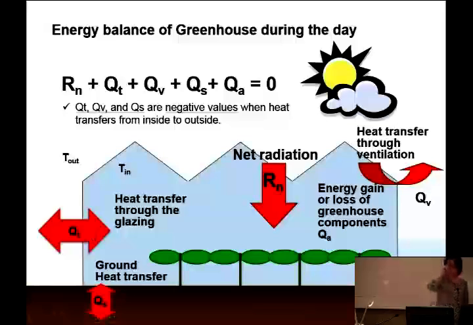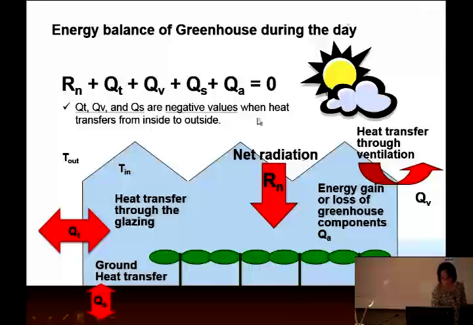So the convection and conduction, like sensible heat, goes through the wall and out, or comes into the greenhouse when the greenhouse is cooler. It totally depends on the temperature, whether outside is warmer or inside is warmer, and that determines the direction of the heat transfer, right?